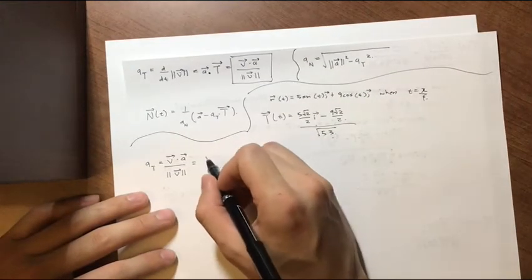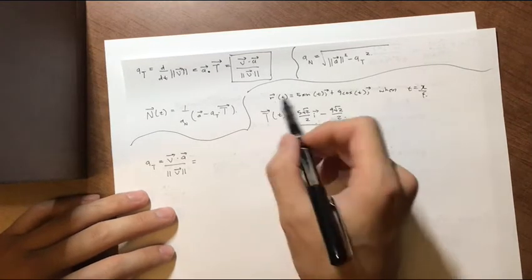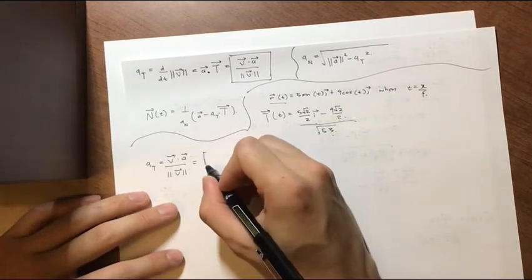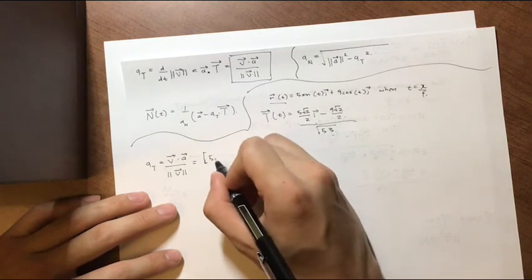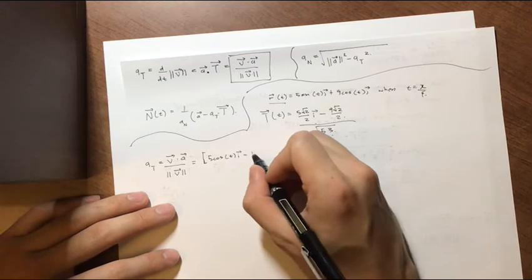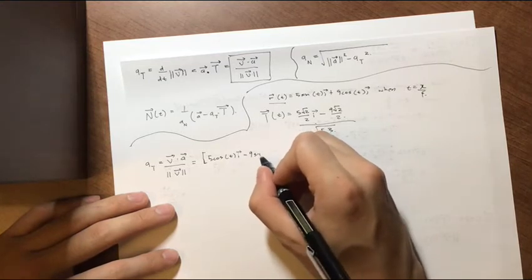Now the velocity vector is the derivative of the position vector, so it can be written like this: 5 times the cosine of t, don't forget the i's and j's, minus 9 times the sine of t, j.